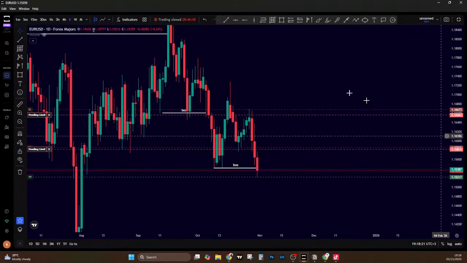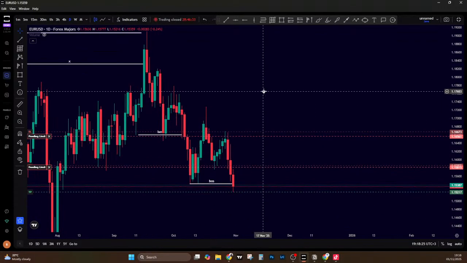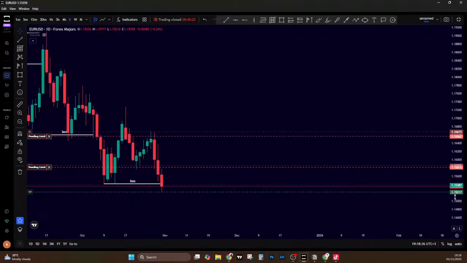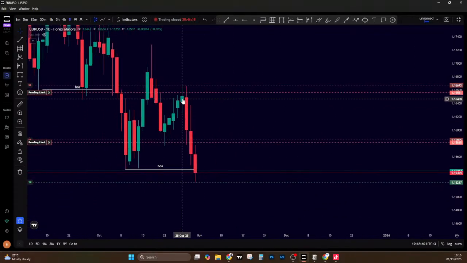Okay, having said that, what we need to look for is where do we sell this market from? Now, I'm not seeing why the market should come to this area.